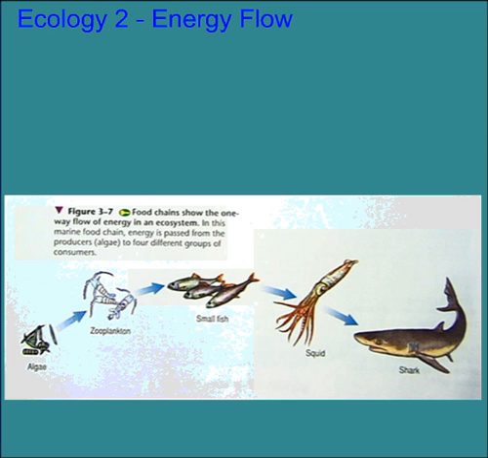Okay, so a quick recap before we move on to new concepts. All living things need energy or fuel for their cells. That fuel is going to be glucose, a simple sugar. We can think of glucose as cell food. Now, plants make it for themselves when they do autotrophic nutrition, when they do photosynthesis.